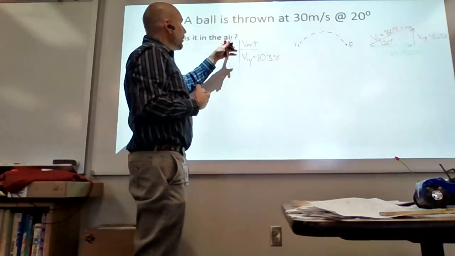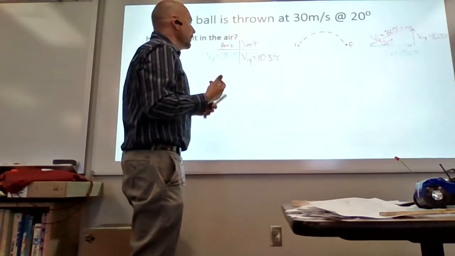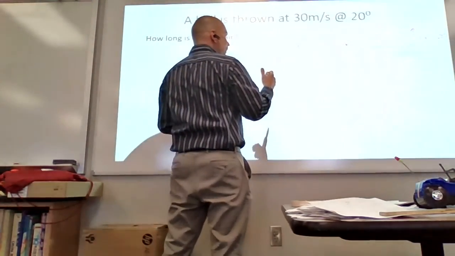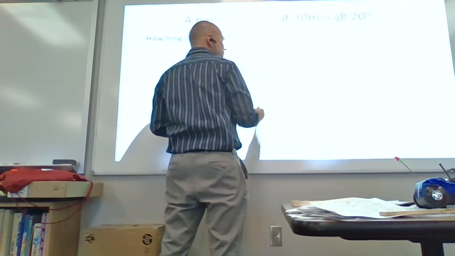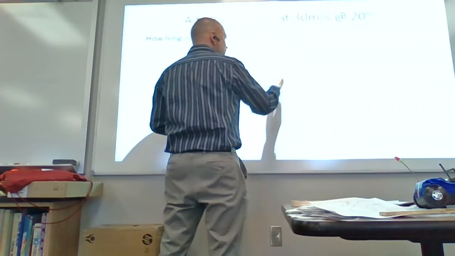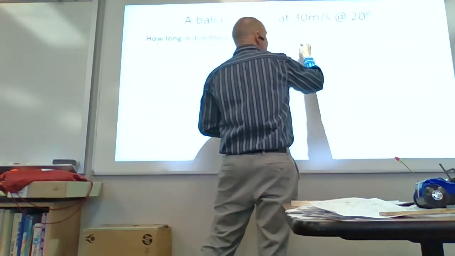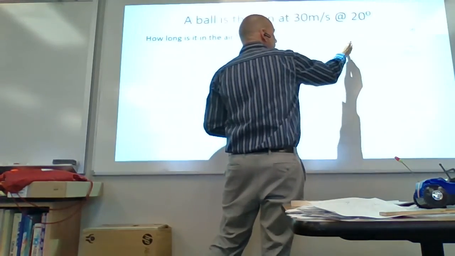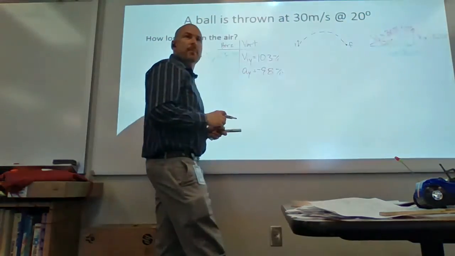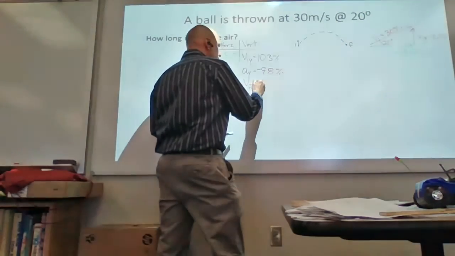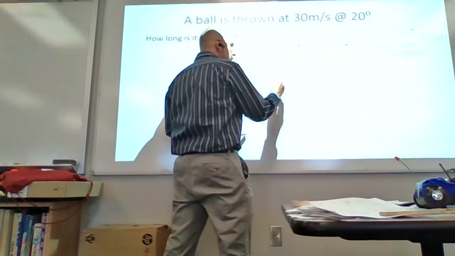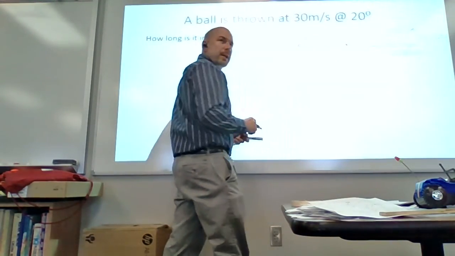And now we're trying to figure out how long it's in the air. Well, then your fun facts of free fall come in. I know my acceleration. If it goes up at 10.3 meters a second, how fast is it going at the bottom here? Negative 10.3 meters a second.